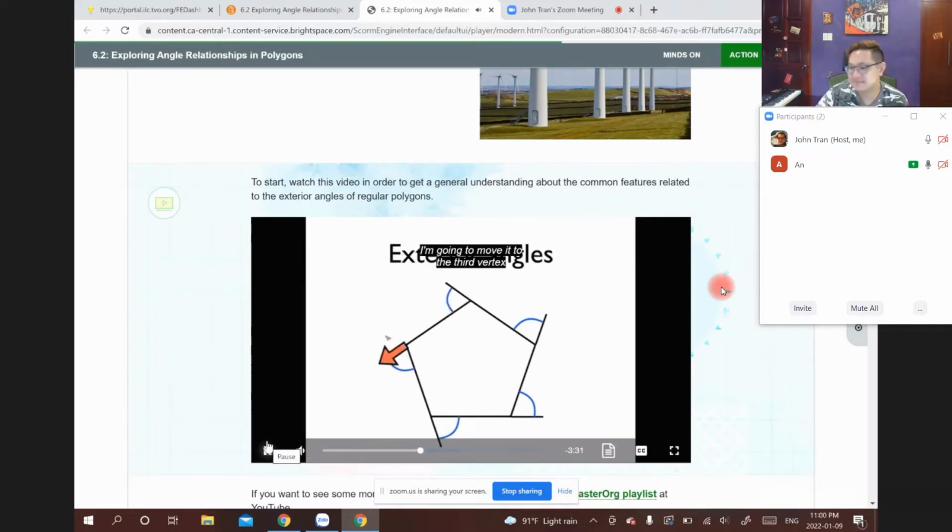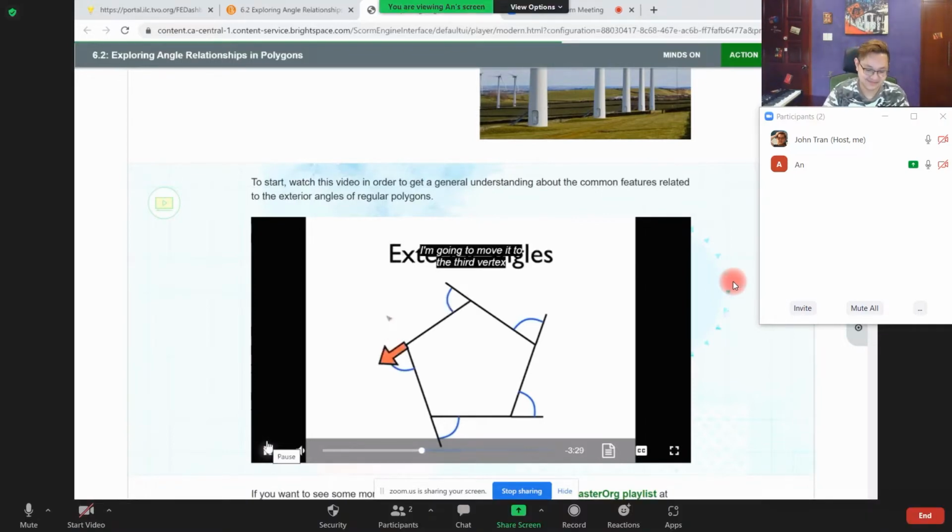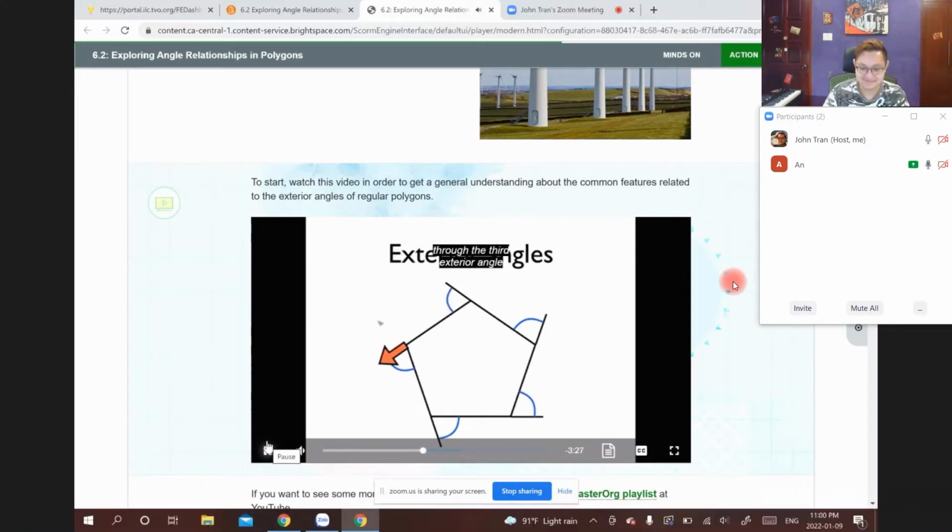I'm going to move it to the third vertex. And then I'm going to rotate it through the third exterior angle and move it to the fourth vertex. Rotate it through the fourth exterior angle and move it to the fifth vertex. Rotate it through the fifth exterior angle and then move it back to where we started.